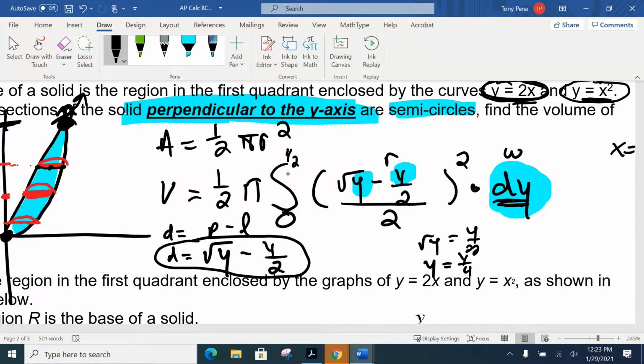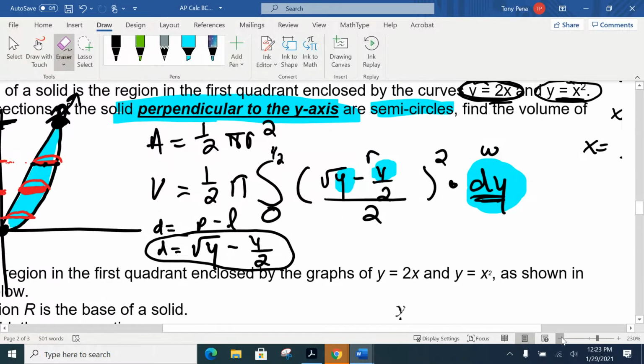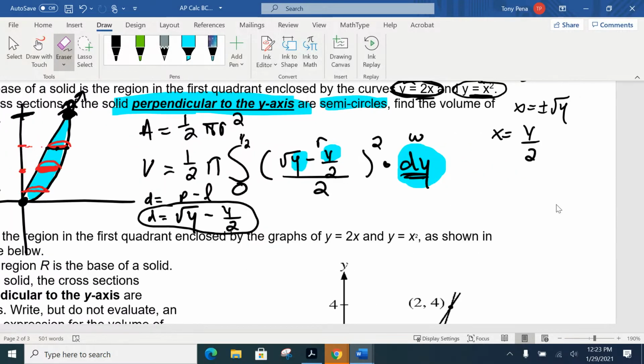Why am I making this hard? It should be 4, right? x equals... y squared equals 2x.